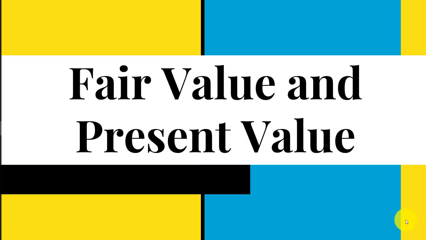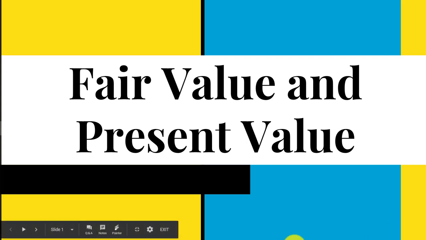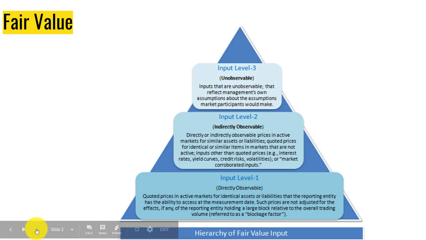So with more and more things on the balance sheet being listed at fair value rather than their original cost, there needed to be some guidance for how to determine fair value. And so FASB gave us some guidance in the form of a fair value hierarchy, which is included in the codification in exactly this form.